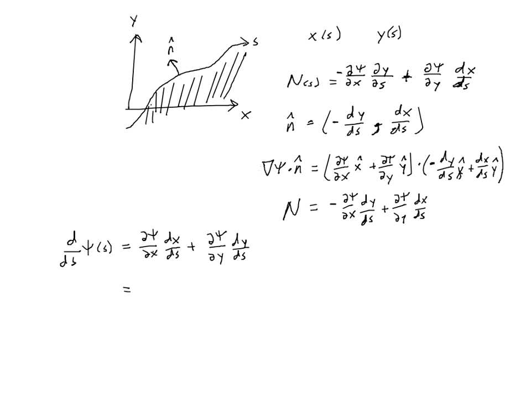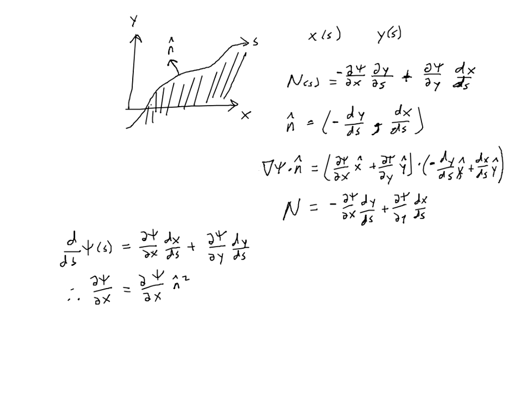Now, you'll notice that this sort of implies that the partial psi with respect to x is equal to partial psi with respect to x times n hat squared, right? Where what's happening is n hat squared is equal to 1, so this works.